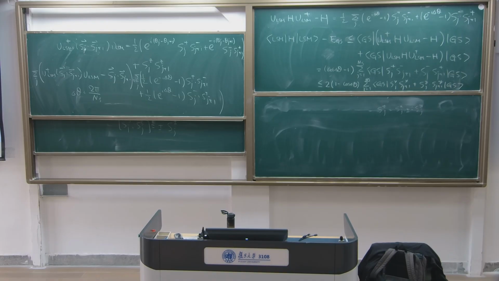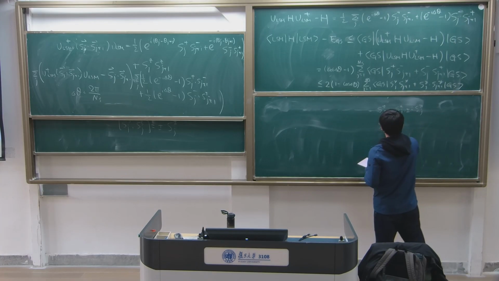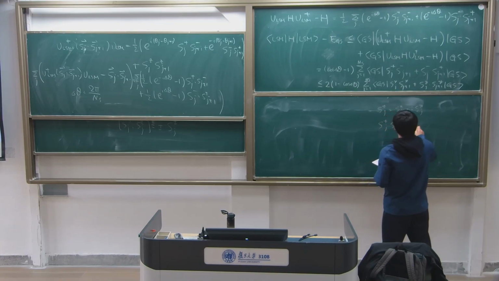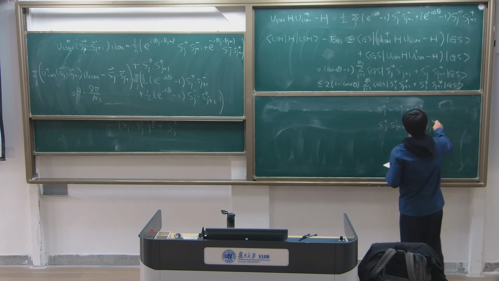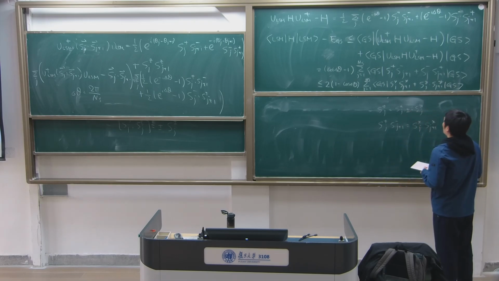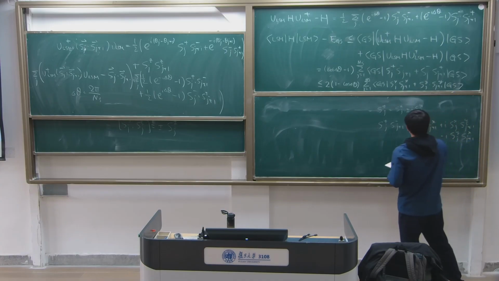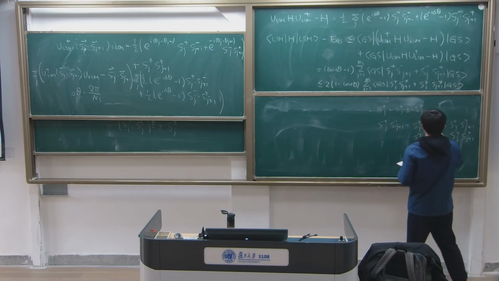So plus J is minus J plus 1, this J is J plus 1, S, plus cross term. Like this.